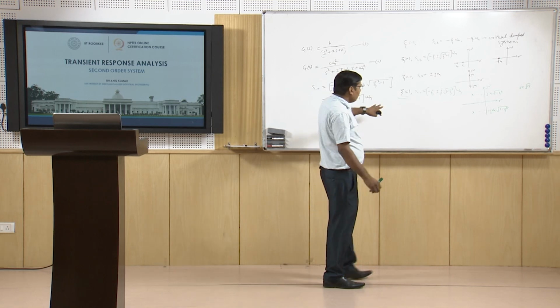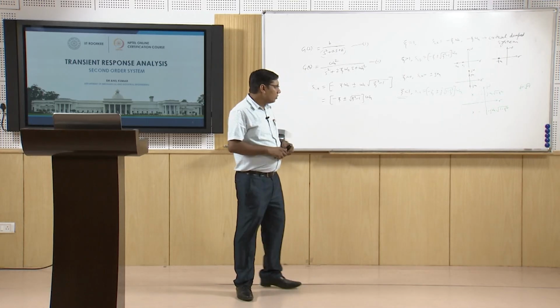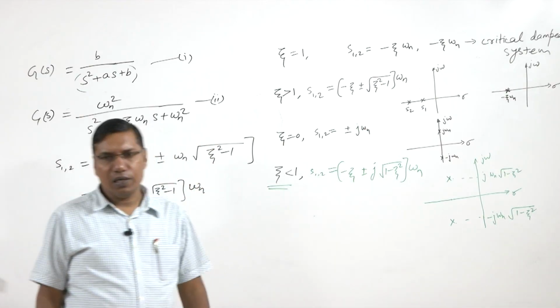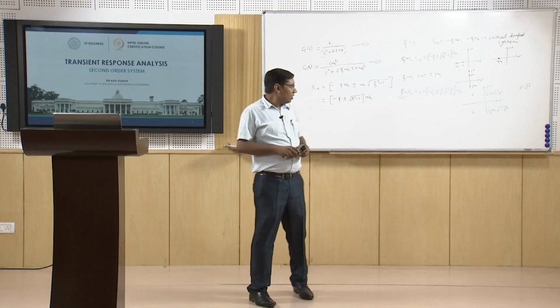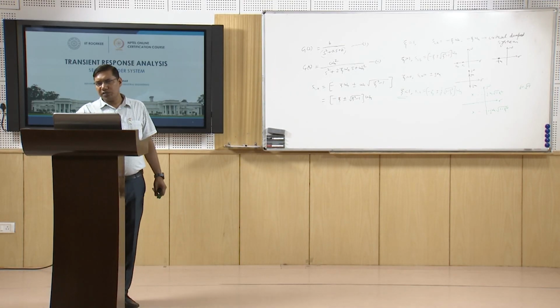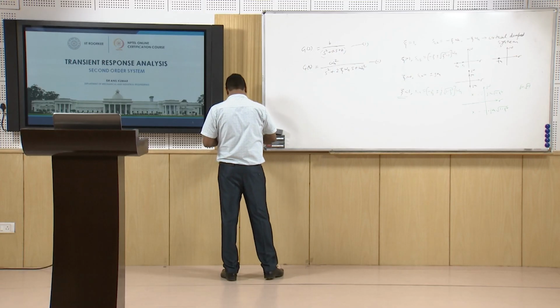We saw that when the roots are complex we had two parts: one was the exponential part and the second was the cosine or harmonic part. Therefore in the underdamped system we have oscillations, and at the same time the amplitude decays with time. So now let's have one example.